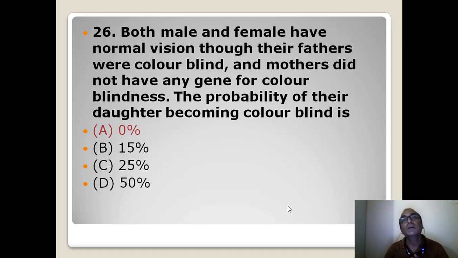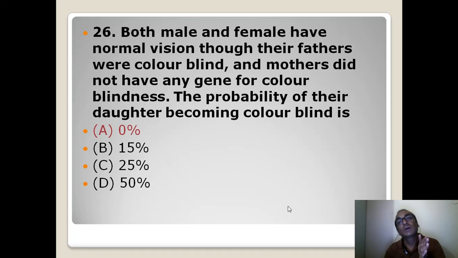So here normal means the male does not have any defective gene on the X chromosome for vision, so normal vision. So from the female, the possibility of passing on this gene for color blindness will be to the male child in the next generation.